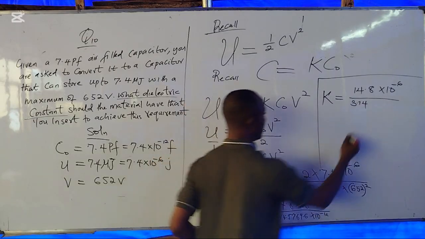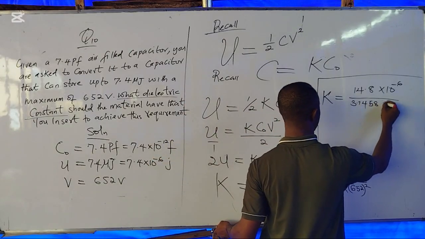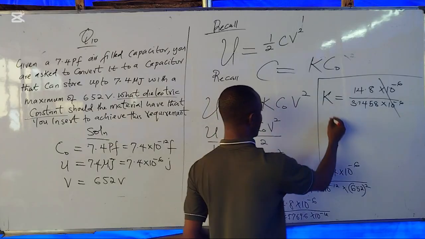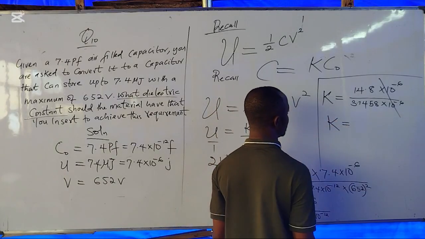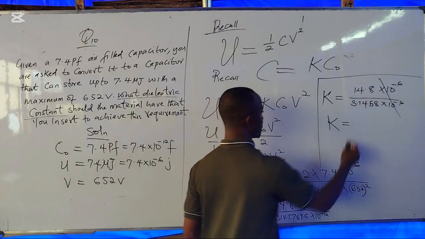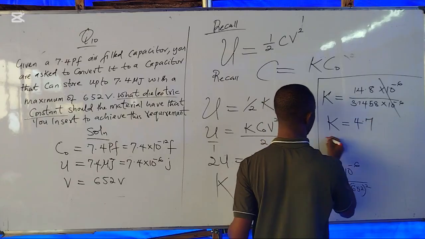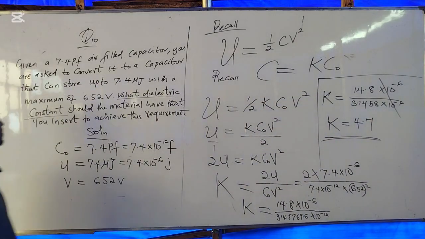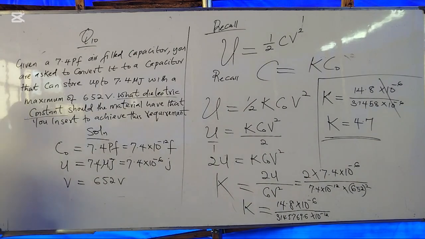3.1458, right? 3.1458 times 10 raised to what? Minus 6. Can these two cancel out? So divide the value of K for me. What do you have? 14.8 divided by 3.1458 is what? 4 point what? 7. So the material must have what? A constant value of what? 4.7.